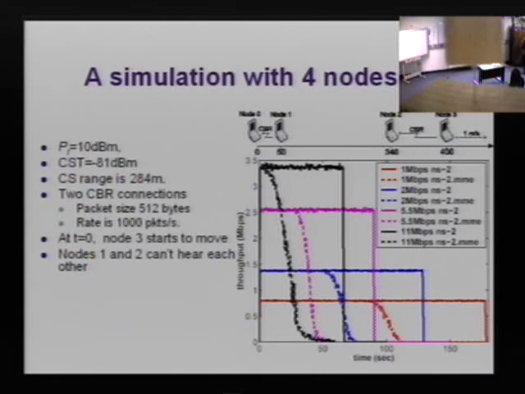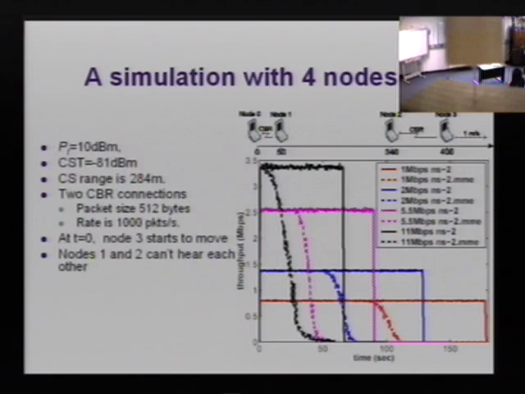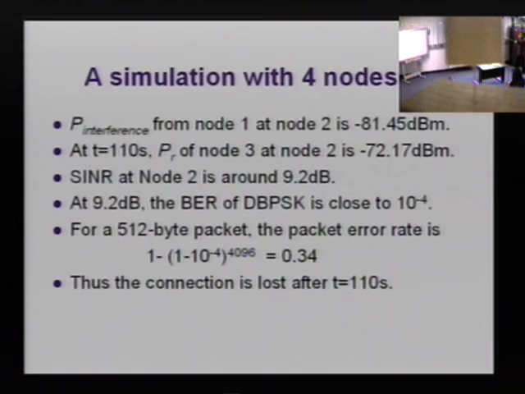The actual explanation is here. Power of interference from node 1 at node 2 is minus 81.45 dBm. At, for example, 110, the received power of node 3 at node 2 is minus 72.17 dBm.